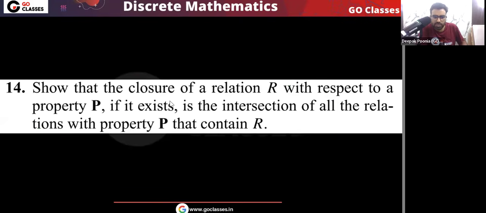It says, show that the closure of relation R with respect to property P, if it exists, is the intersection of all the relations with property P that contain R.